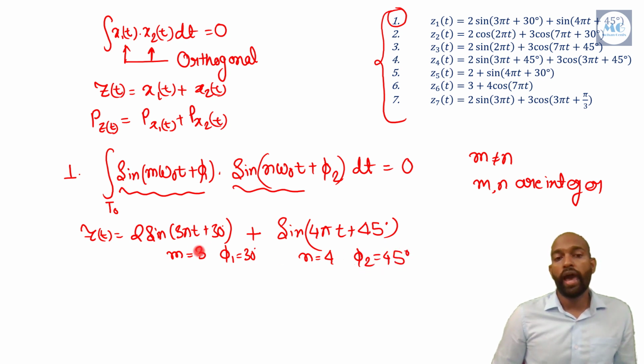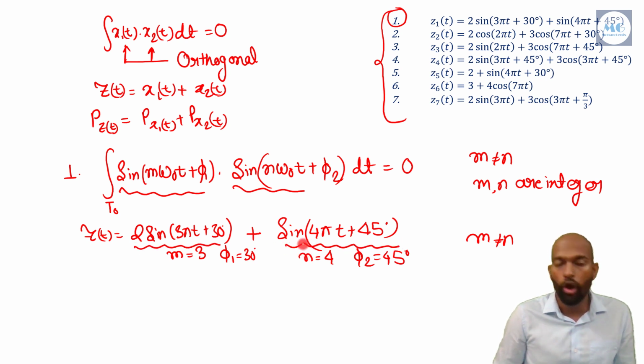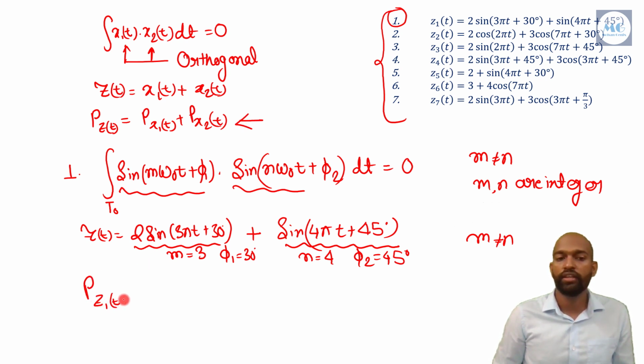As m and n are not equal and both are integers, we can say that these two functions are orthogonal. So we can apply the orthogonality concept. What will be the power of z1(t)?